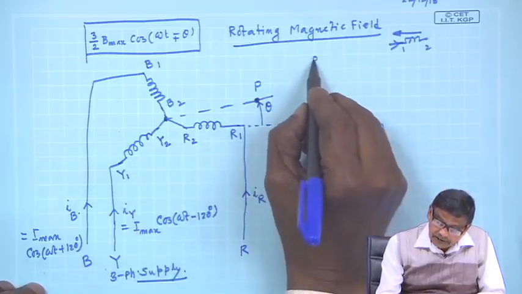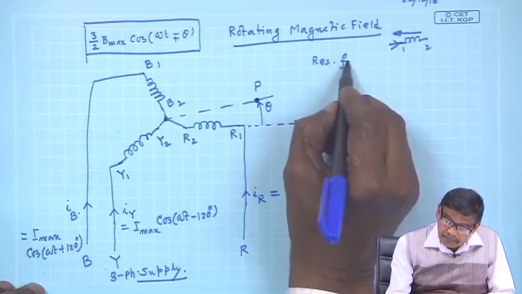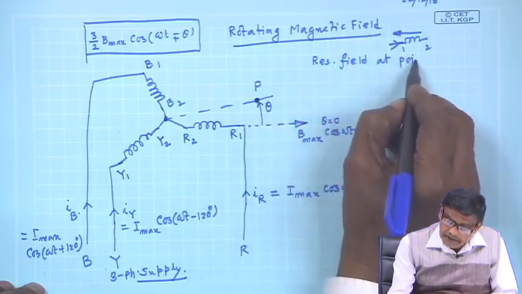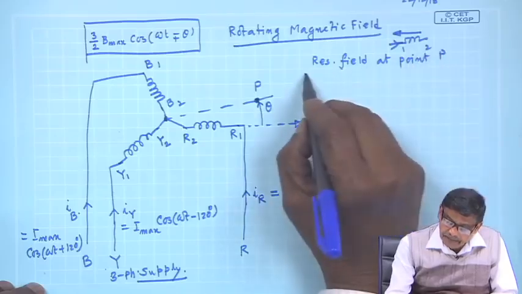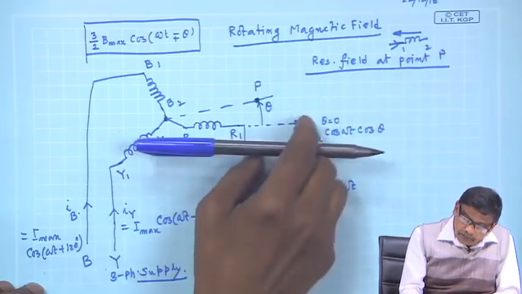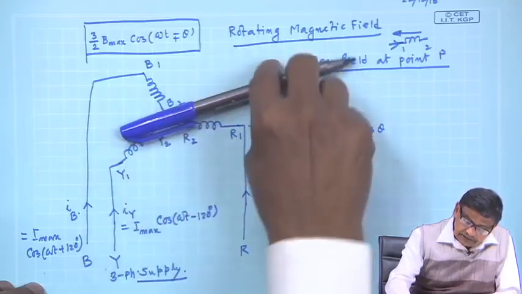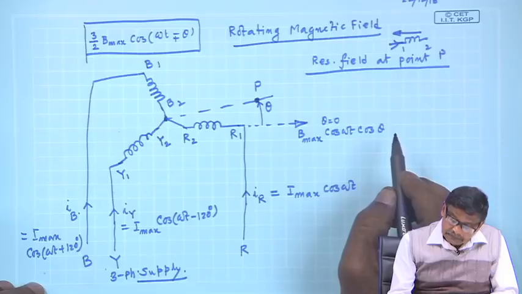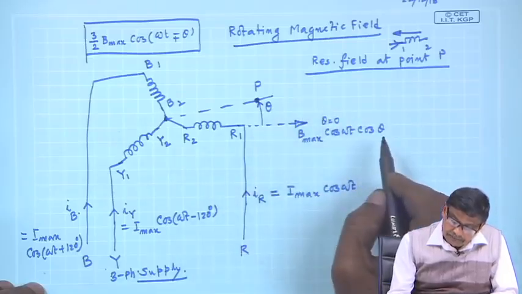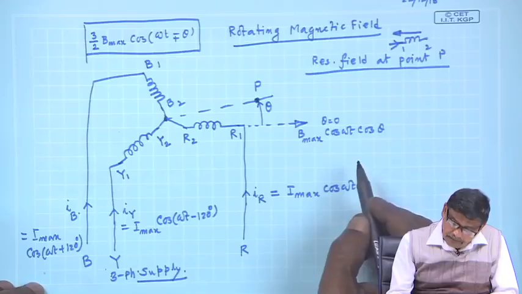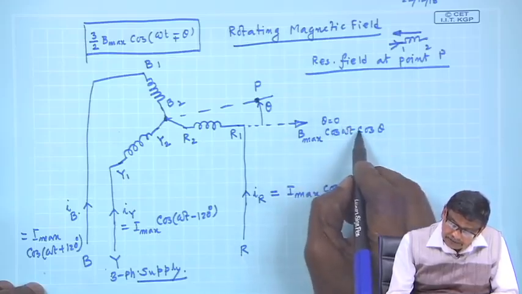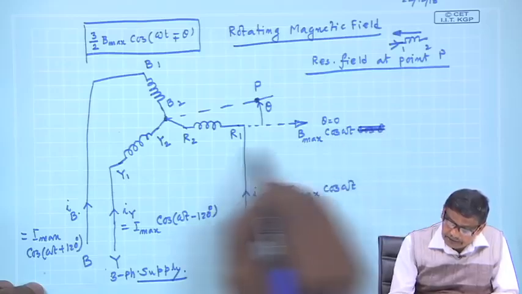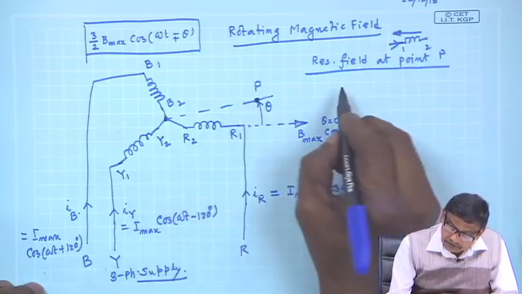So, the resultant field at point P will be the component of this field along this at point P because of this. I think I should not write cos theta here; it is B max cosine omega t, and then its cos theta component.